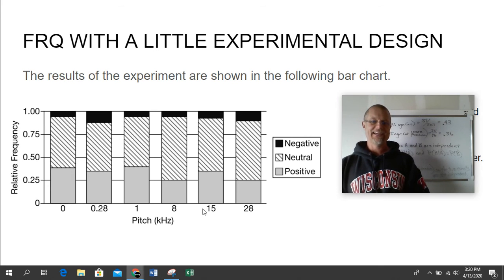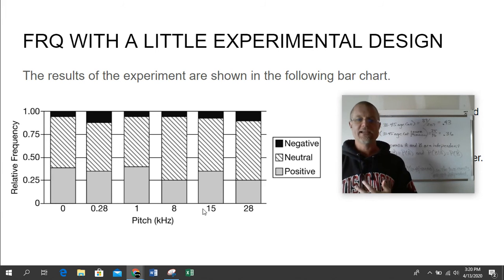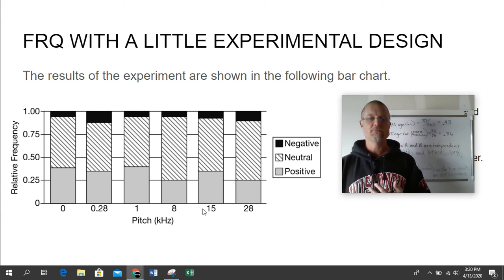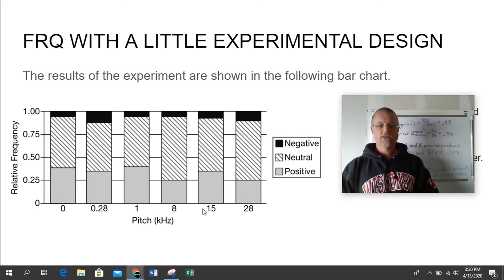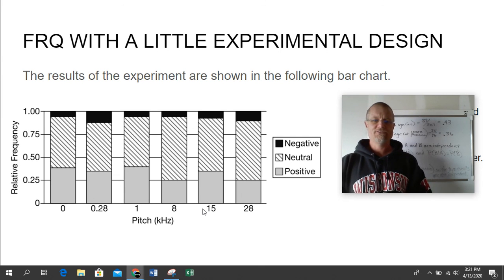I would start picking out some of the ones where it's the largest. At a pitch of 0.28 kilohertz, the negative response is the largest. Then in the positive direction, there's kind of a tie for the largest positives, at 0 kilohertz, 1 kilohertz, and 15.